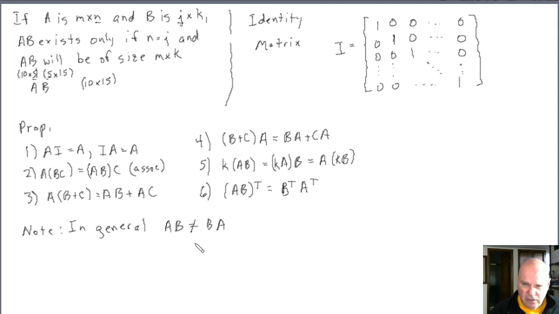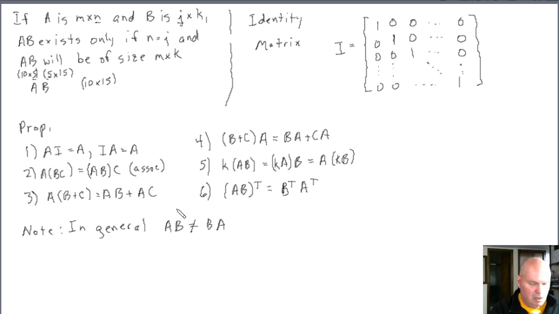Now, this is true in some very special cases. It does require that the matrices actually be square for it to be true, but even then it's not true in general. A and B have to satisfy some very special conditions. If A is square and B is the identity matrix, then of course it's true in that case, but that's the exception.